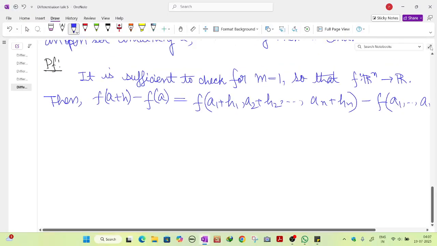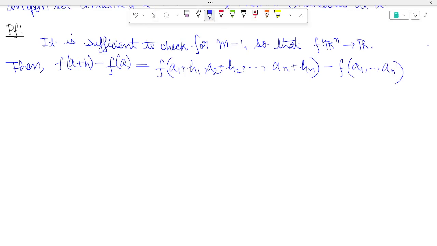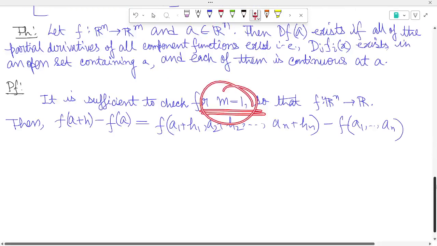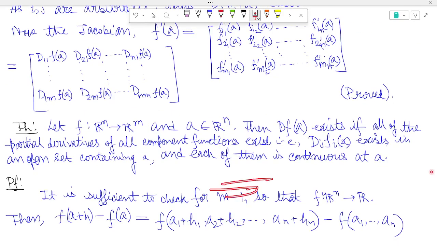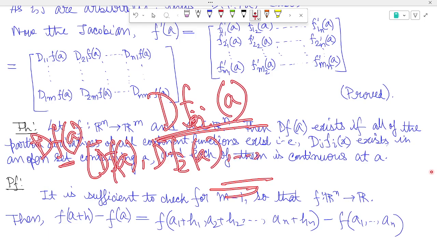This is the vector. Okay, so why am I worried for m equal to 1 only? Because if m equal to 1, then I can show the d of fia exists. Now we know that d of fa is nothing but the row vectors. They're arranged in this manner. So to show that this exists, it is sufficient to show this exists.